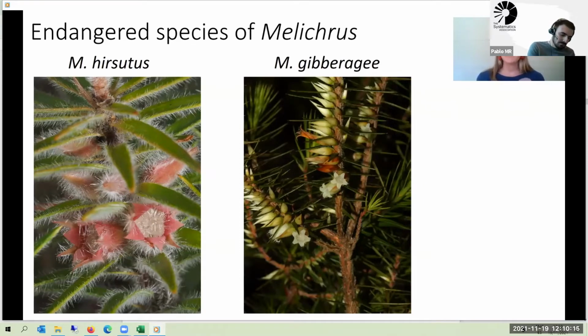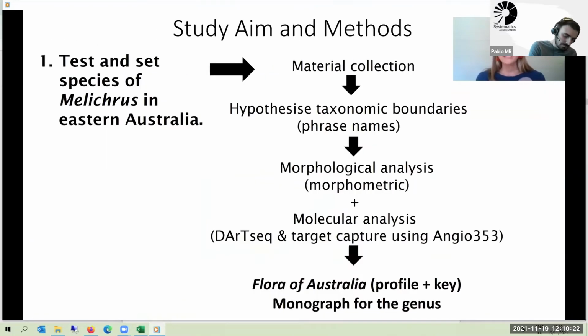And with this in mind, I have set out to revise the taxonomy of Melichrus. It is the first and most fundamental aim of my PhD to test and set species of Melichrus in Eastern Australia. And while I have some other aims for my PhD, this is what I will be focusing on today. Throughout the first two years of my PhD, I devoted considerable time to visiting herbaria and to collecting in the field plant material required to test species delimitation.